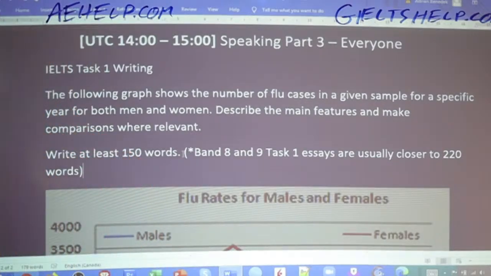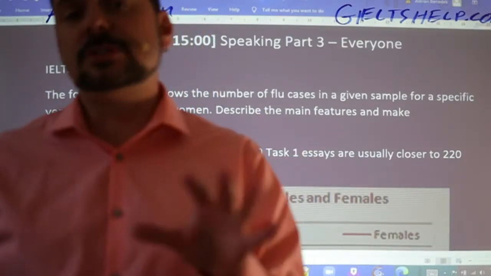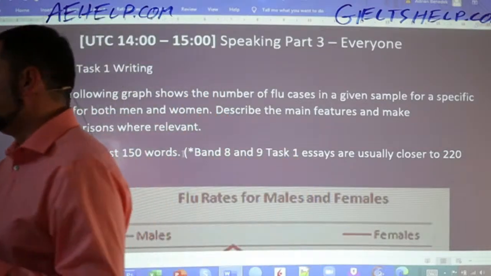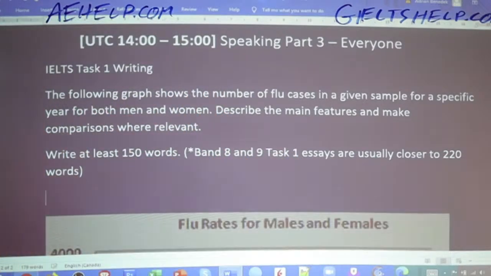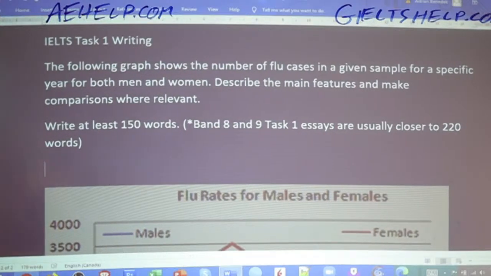All right. Okay, so your first step, okay, when you get to your writing section, start with task 1. Don't start with task 2. Start with task 1. It'll get you warmed up. And when you know what you're doing, it is the easier essay, okay? So tip 1 is start with task 1, okay? You can start with task 2 if you so choose, but I don't recommend it.